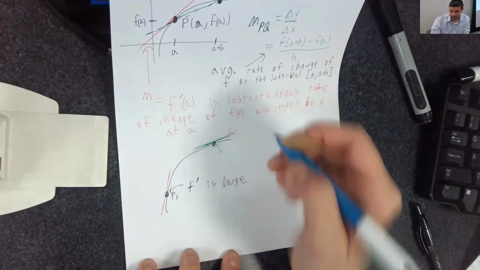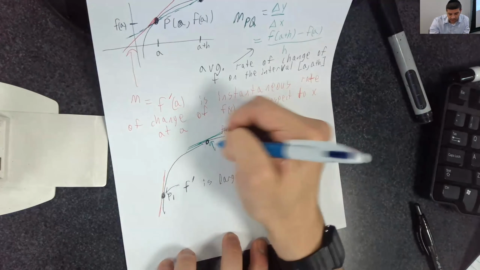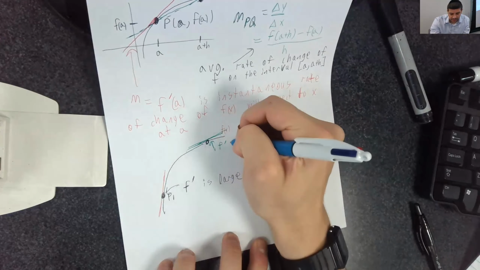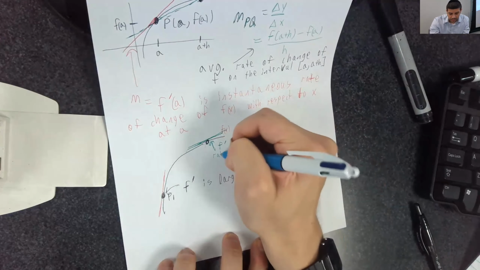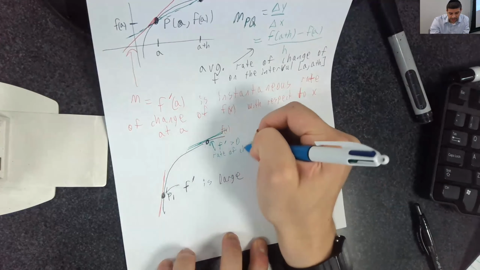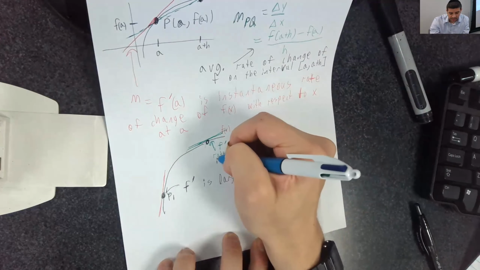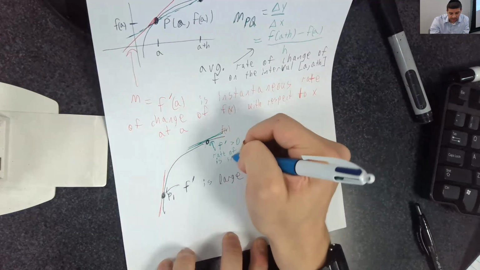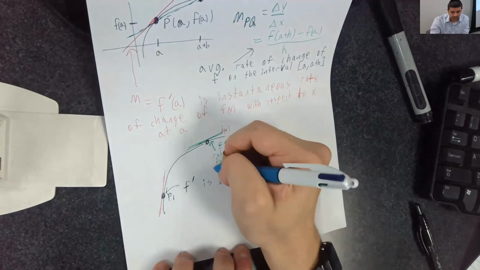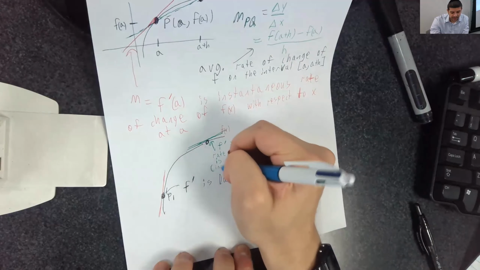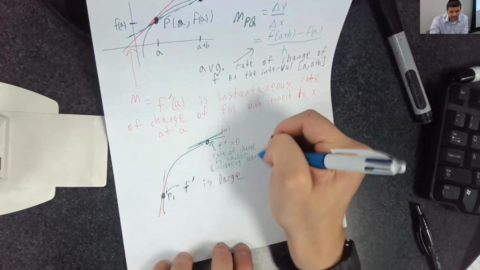So f prime, its positive rate of change is smaller. You could also say that it's increasing more slowly.